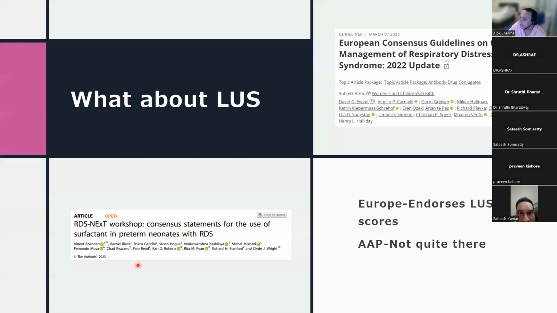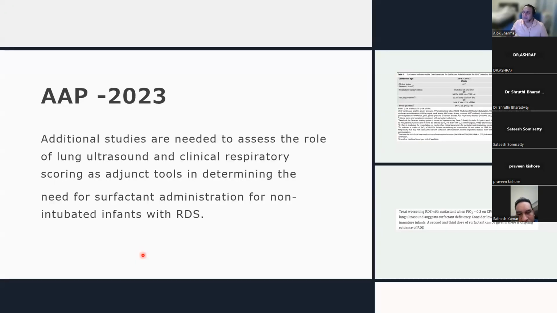Interestingly, the American group, the American Academy of Pediatrics, did a very similar kind of review, a Delphi consensus approach to reviewing the existing literature, and came to the conclusion that we're not quite there. I found that very interesting. Now, really, what the AAP study espouses is that what we should be looking at is the baby clinically, as well as the FiO2 requirements.